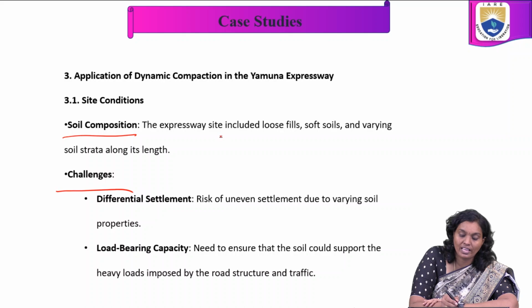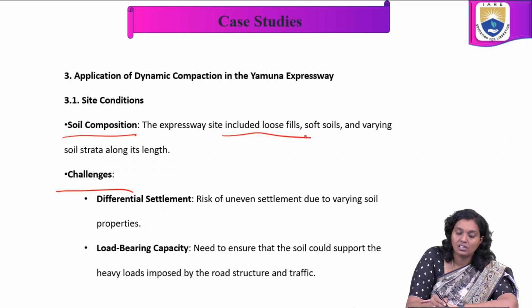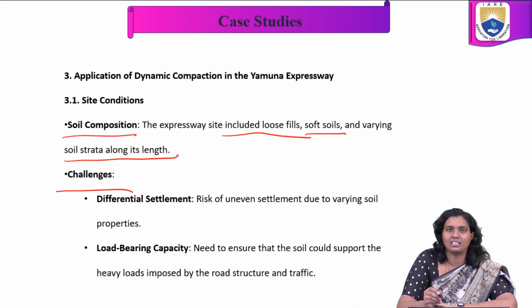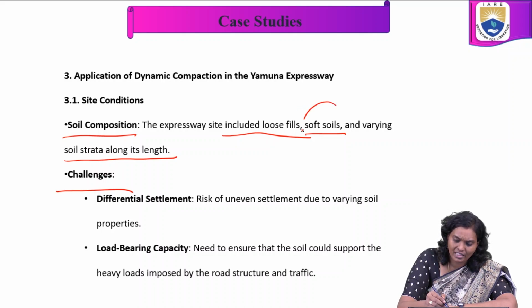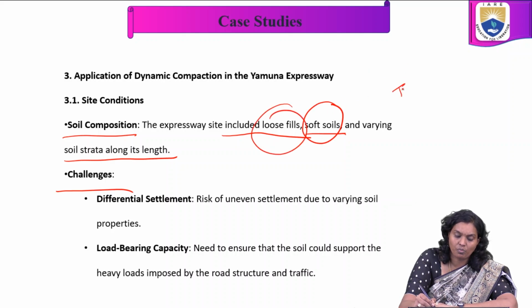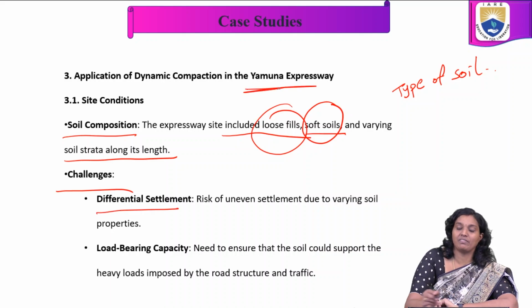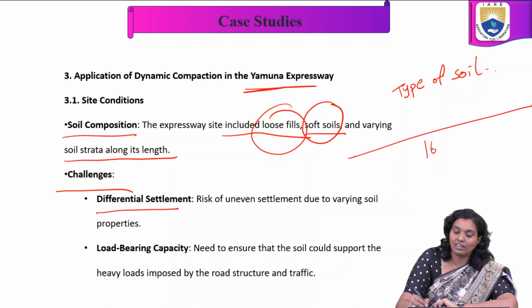The expressway site included loose fills, soft soils and varying soil strata along its length. It depends upon the type of soil, whether loose fills or soft soils. The challenge is differential settlement, because the Yamuna Expressway is very long, 165 kilometers throughout.